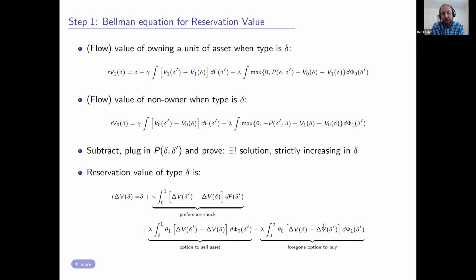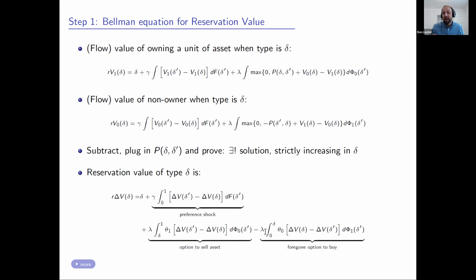Remember that we've imposed on this model the requirement that agents own either 0 or 1 unit of the asset. So if I acquire 1 unit of the asset right now, I'm giving up the option value of buying it from somebody at perhaps a better price if I were to meet somebody 5 minutes from now. And so this last term enters with a negative sign.